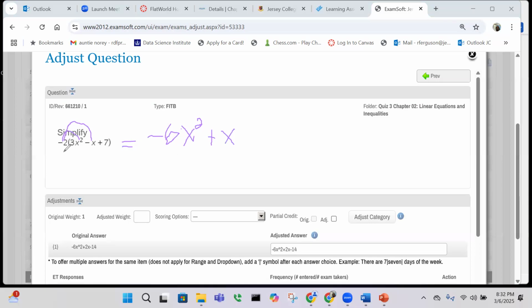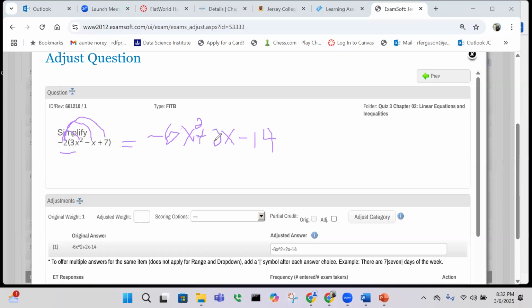They always remember the first term, and they tend to forget the other terms in the set. But all the terms in the parentheses must get multiplied by -2. It is positive 2x. And that's why you guys are acing.